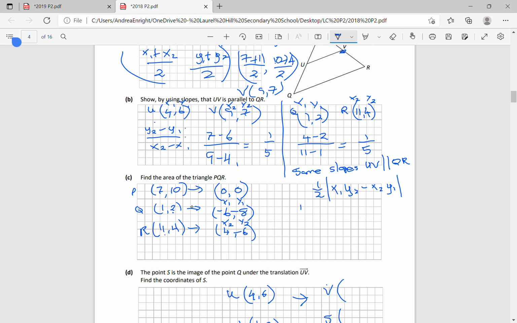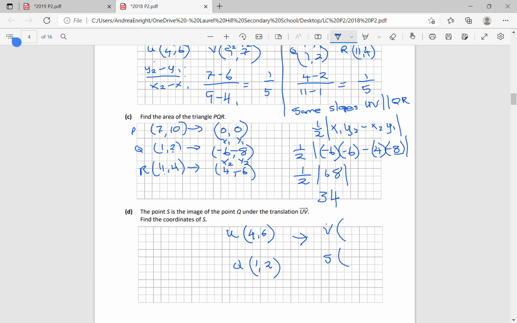So it's a half times x1 is minus 6 times y2 is minus 6 minus x2 is 4 times minus 8. Okay, and the 2 straight lines just means drop the minus sign if there is one. 36 plus 32, that would be a half of 68. Okay, again, there's no minus sign here, so it's just half 68, which is 34.